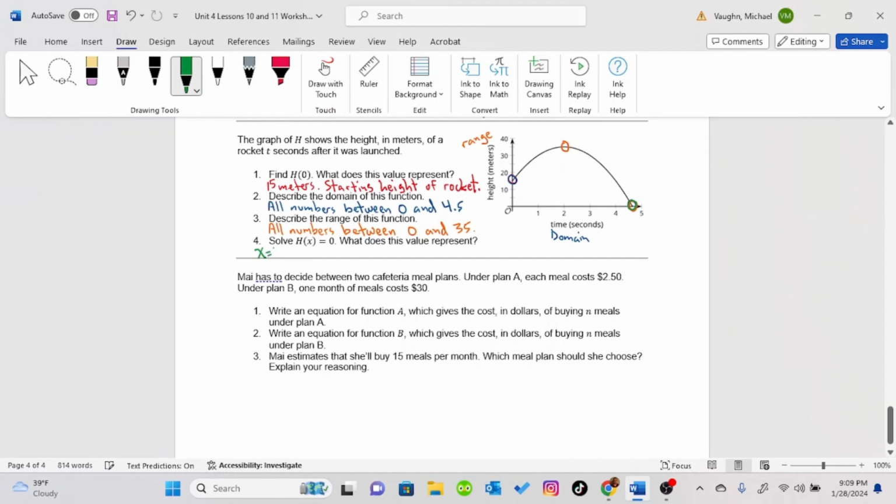So x equals 4.5. What does this value represent? This value represents the time when the rocket lands.